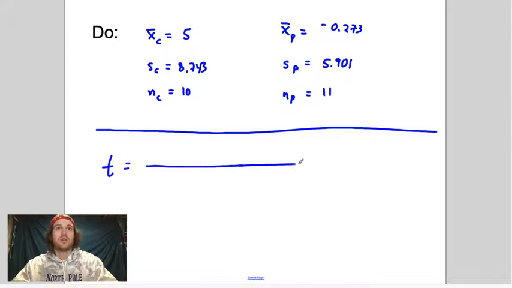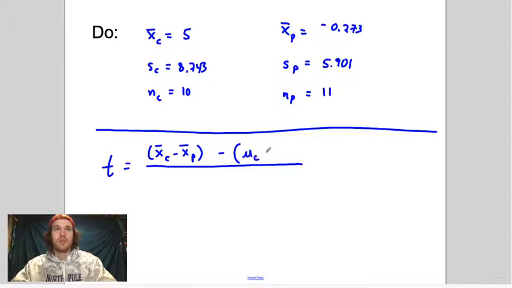Remember, that is equal to x bar C minus x bar P, our statistic minus our parameter, mu sub C minus mu sub P. Whoa, not cool, smart notebook. I'm writing too fast.